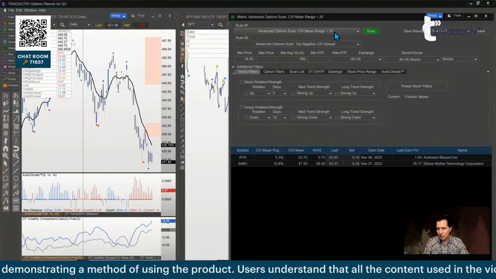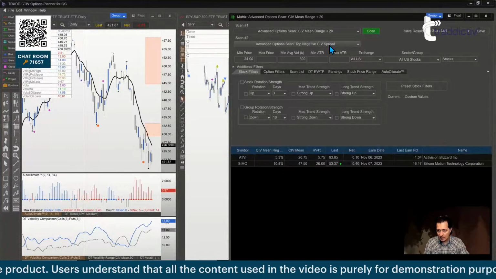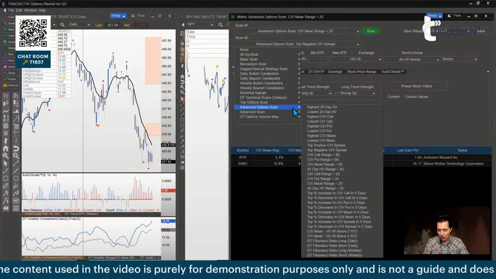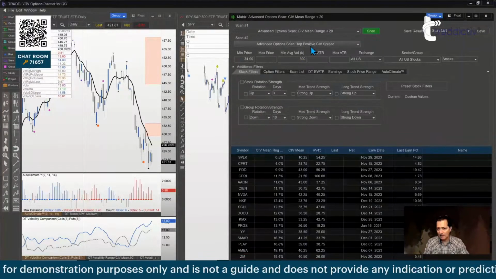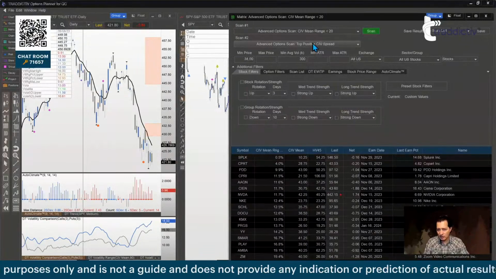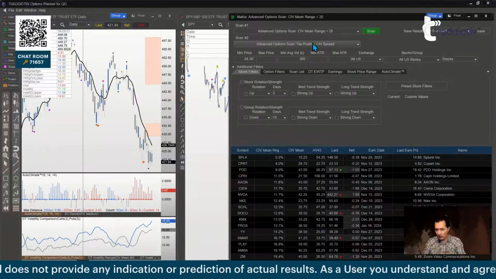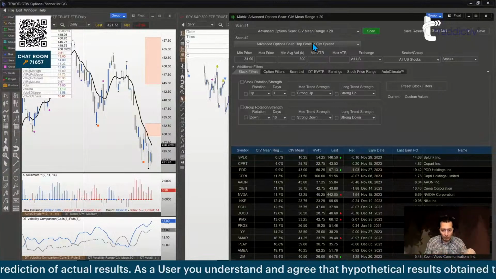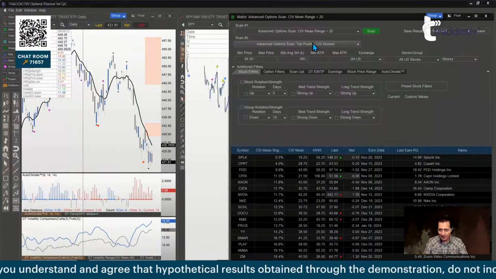So now this is cheap options for a bearish setup, or cheap options for a bullish setup if I select the word positive. So 4 cases: bearish for a credit, bearish for a debit, bullish for a credit, bullish for a debit.